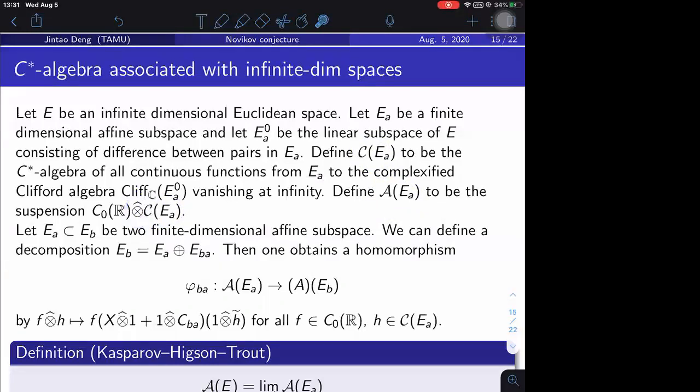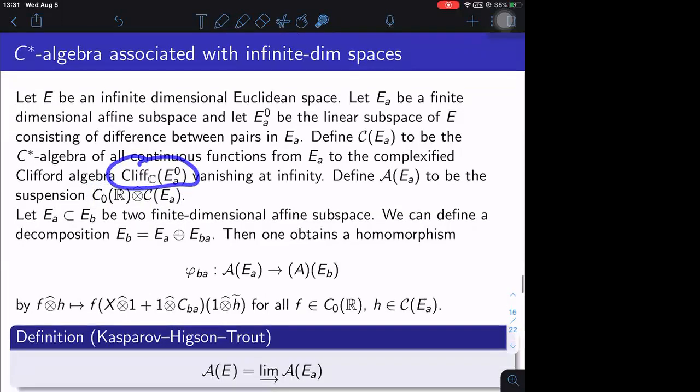We consider the grading on this algebra and on C0 of R. The grading on C0 of R is given by the odd and even functions, and the grading on the Clifford algebra is given by its odd part and even part.